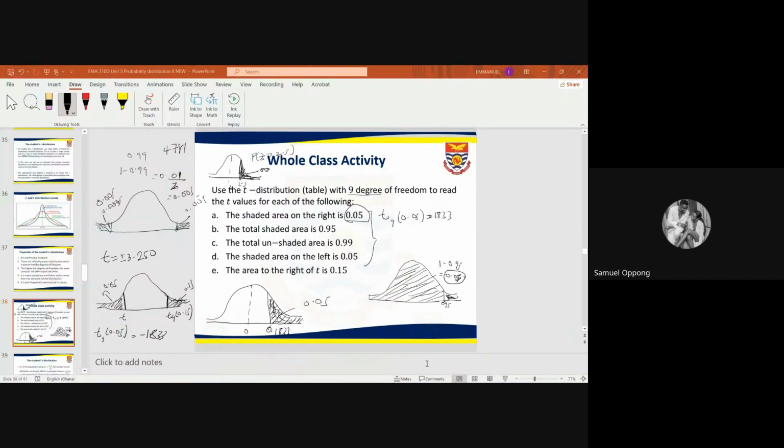When you add both, you get 3.216. 0.15. So 0.1 gave you 1.9, and then 0.05 also gives you 1.833.